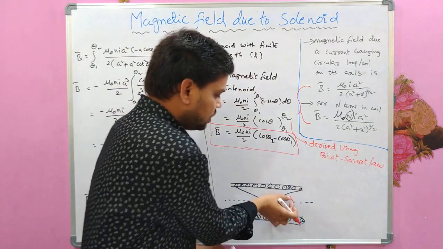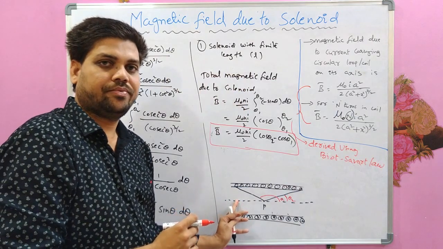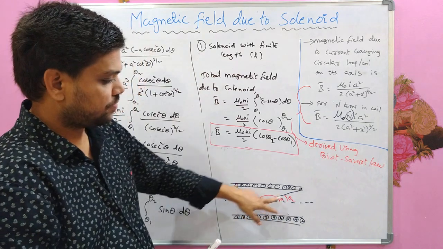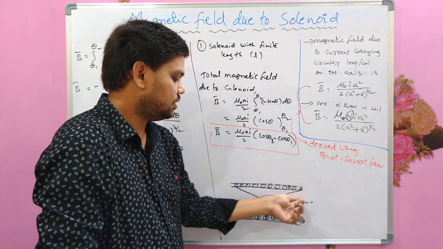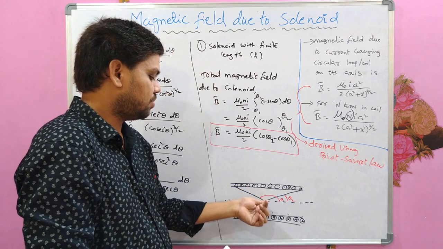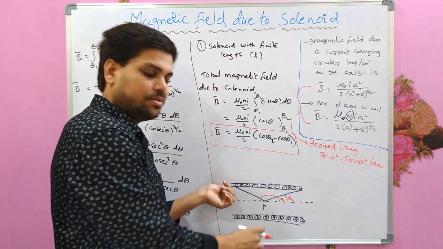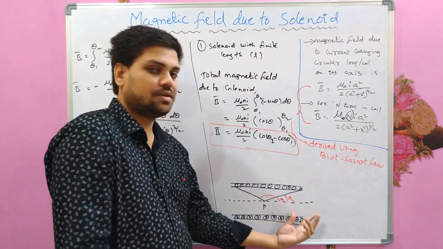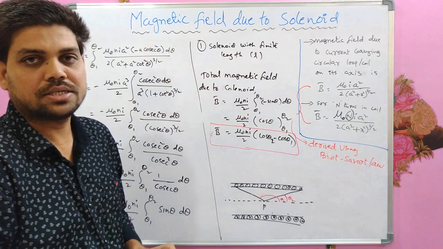What is cos theta 2? Theta 2 is on the edge of this side and theta 1 is on the edge of this side. The point P: the line from point P to that edge of the solenoid is making an angle theta 2, and similarly the line between point P and this edge of the solenoid is making an angle of theta 1 with the axis of the solenoid, that is cos theta 2 minus cos theta 1.